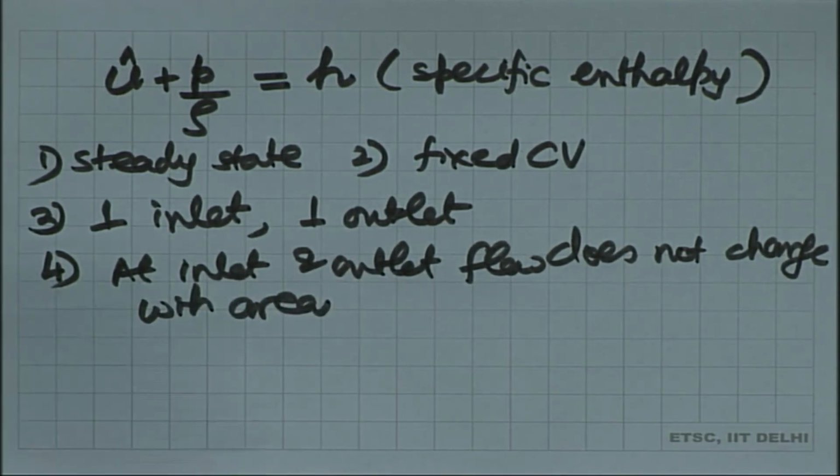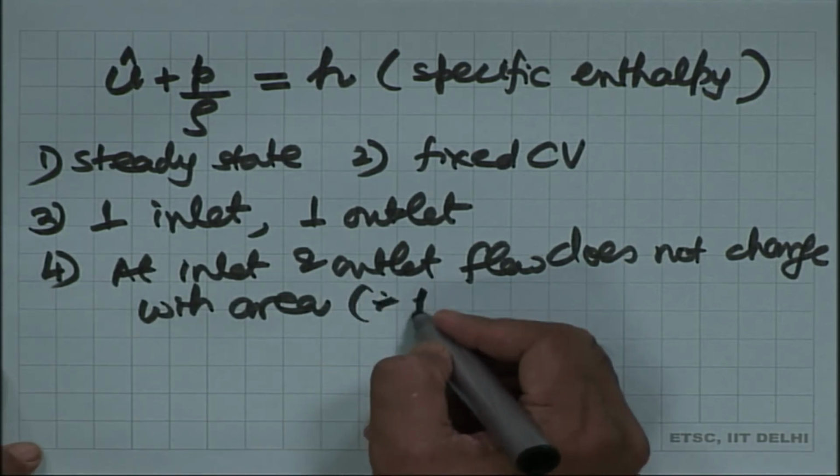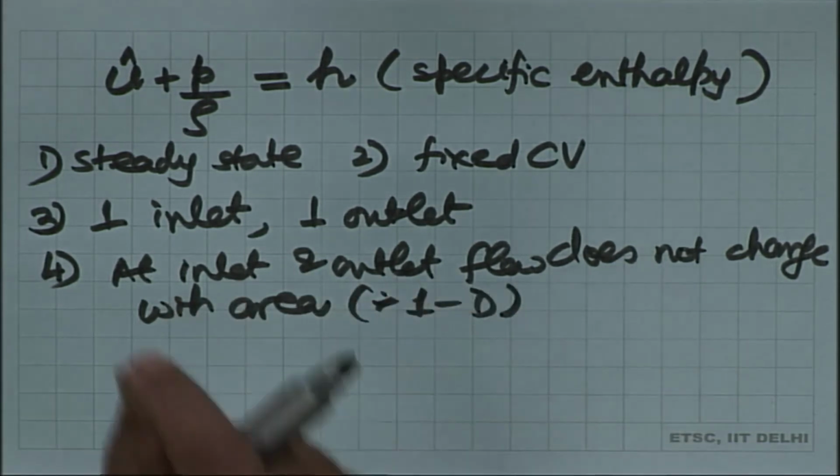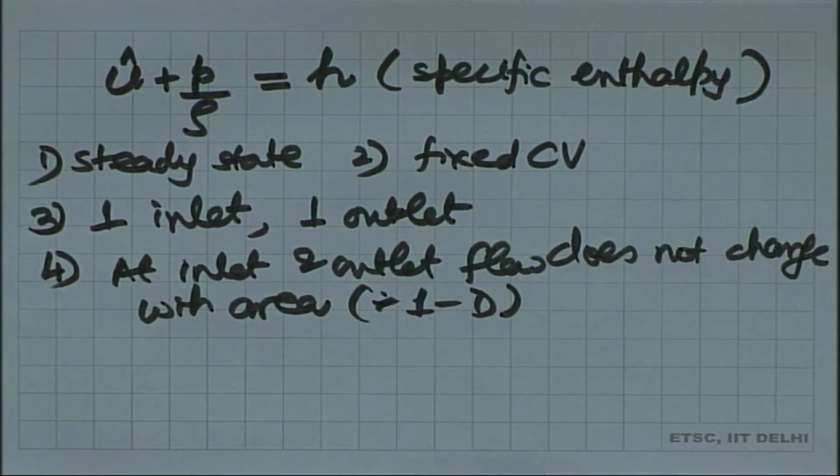So, if it is a larger area it is 1D flow, and if it is a small inlet and outlet, this is a very reasonable assumption that the properties are uniform.